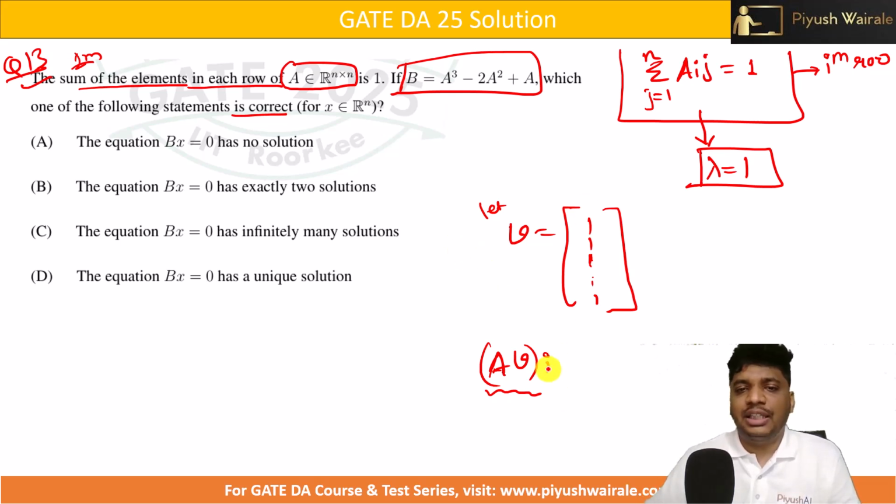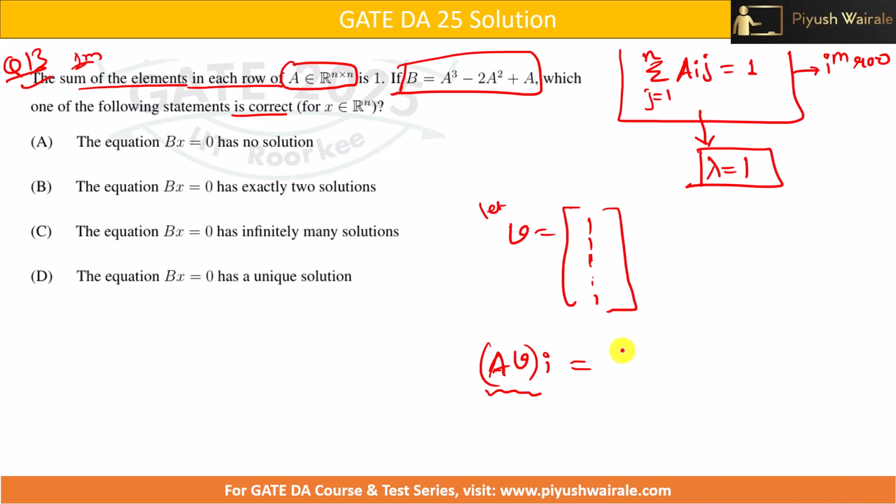Now, can we say that this is equivalent to the summation of A i j into nu j, where j varies from 1 to n? Can we write it like this? Yes, obviously. What about this nu j? That is equivalent to 1 here.